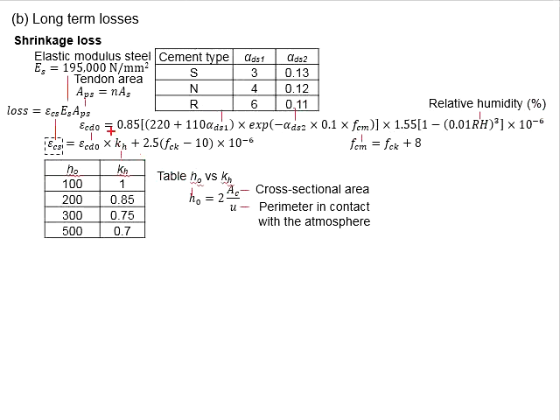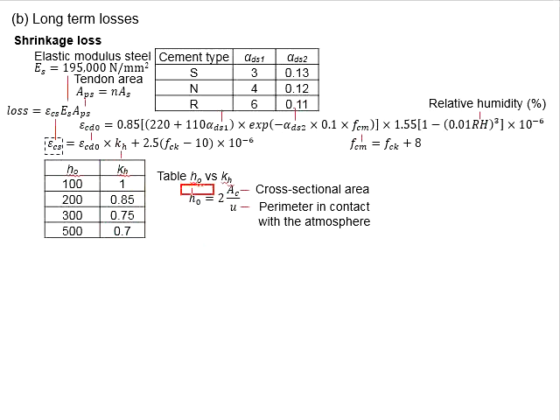Next, you need to determine the factor KH. This KH will need to be defined from the H note in reference to this table here. The H note is given by the equation here. You will need to first calculate the H note in order to determine its KH.